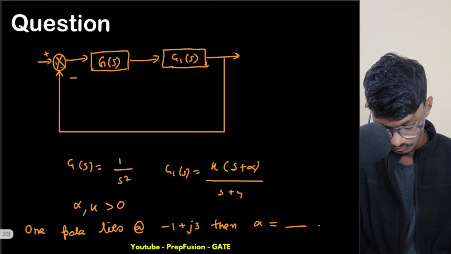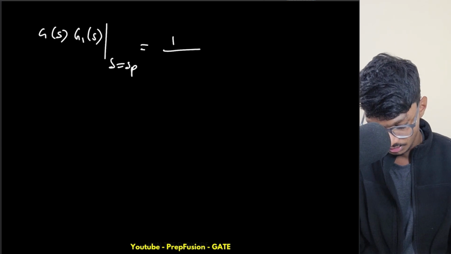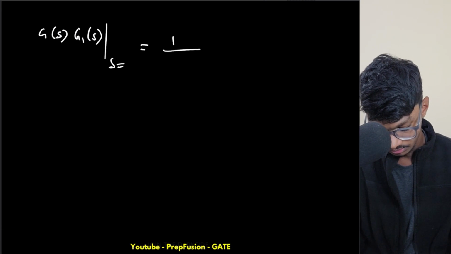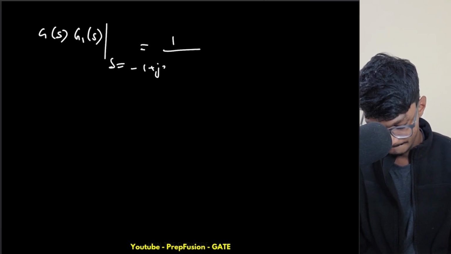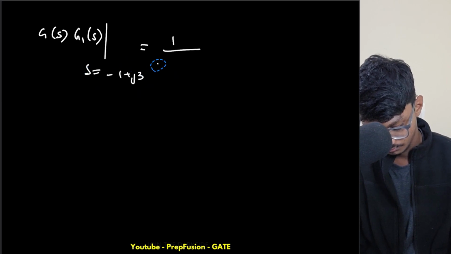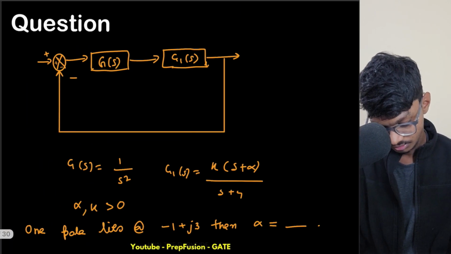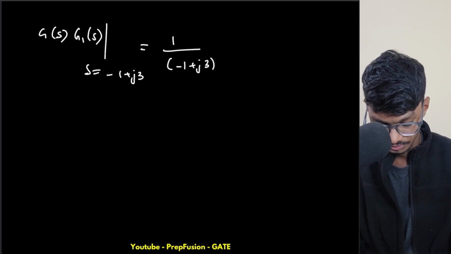So g of s into g1 of s at s equals sp. This is 1 by s square, and what is s? s equals minus 1 plus j3. So this will be minus 1 plus j3 whole square.